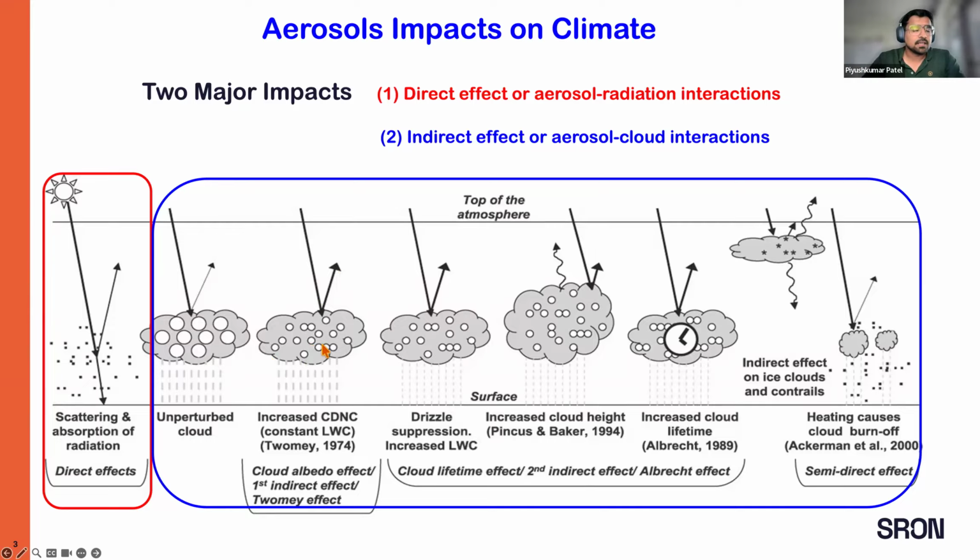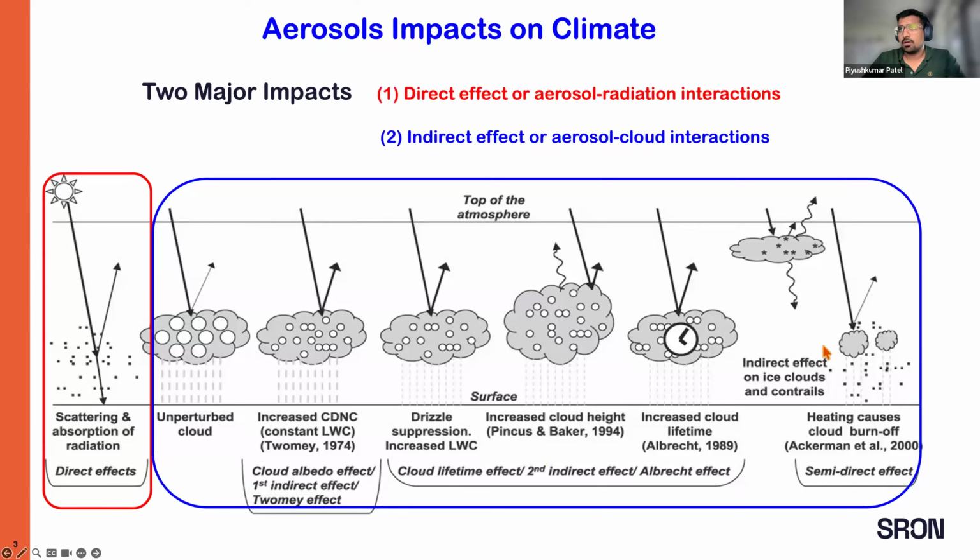That is called the first indirect effect, or Twomey effect. Now these smaller cloud droplets take more time to turn into precipitation or rain droplets, and that delays your rainfall. That is called the second indirect effect, or the cloud lifetime effect.